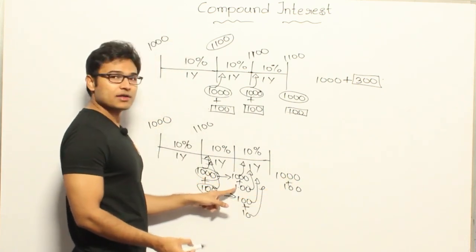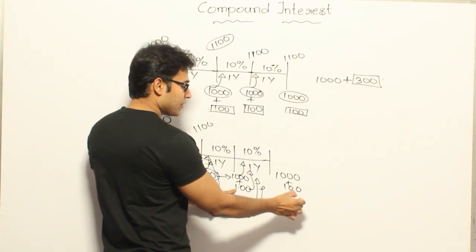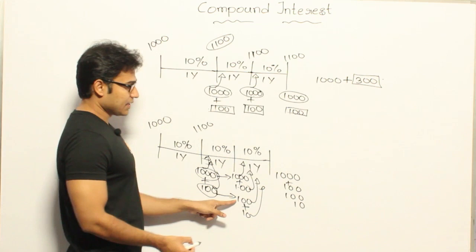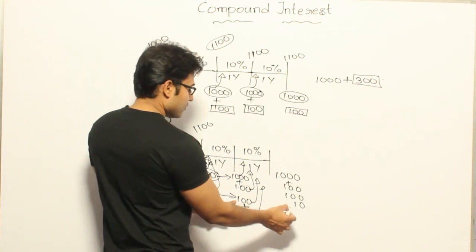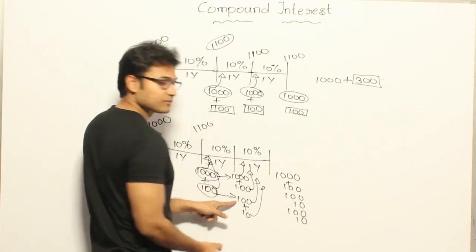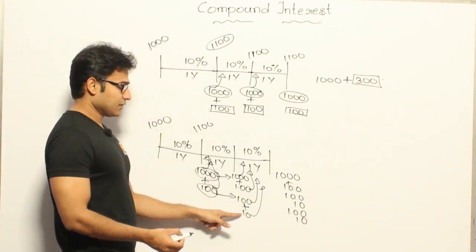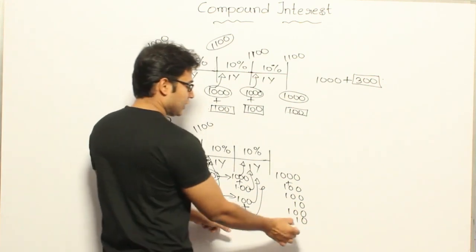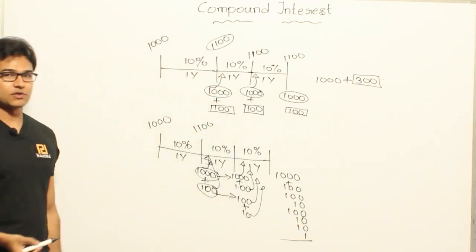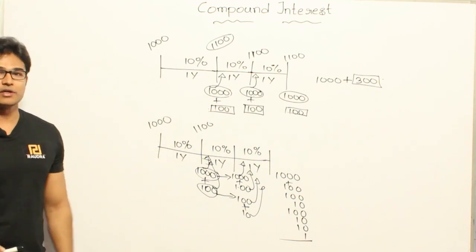And again this 100 is going to give you 100 plus 10, and again this 100 is also going to give you 100 plus 10, and again this 10 is going to give you 10 plus 1.